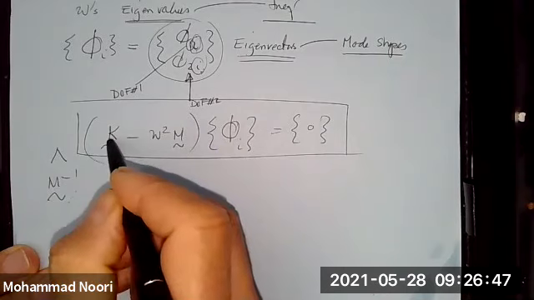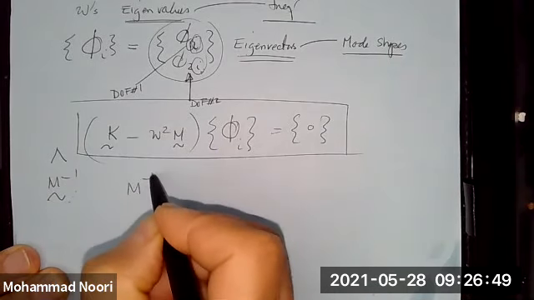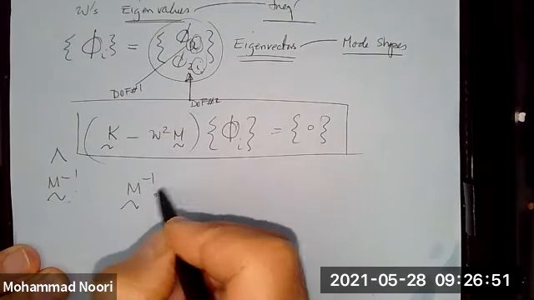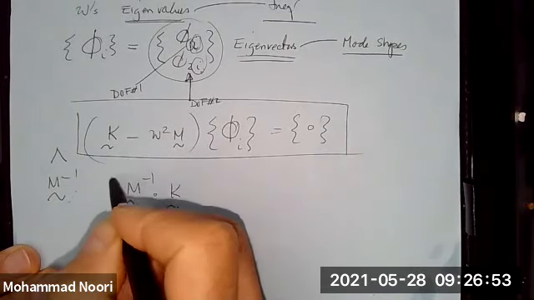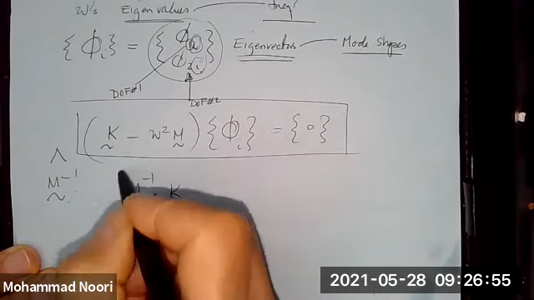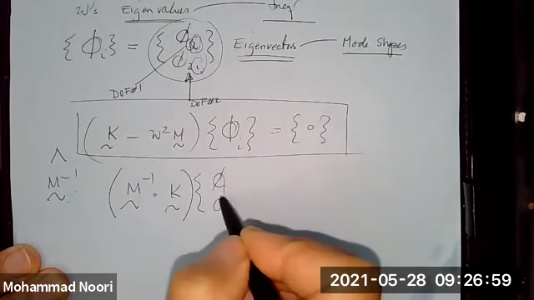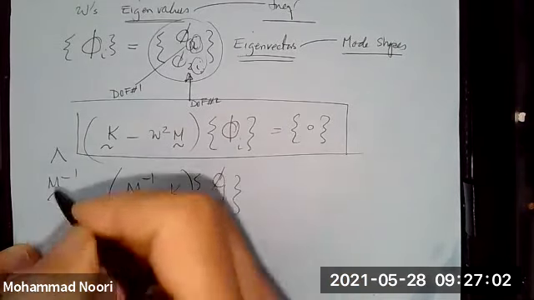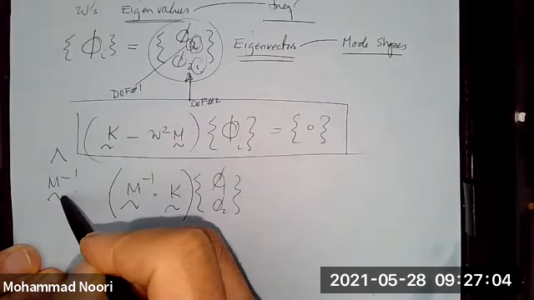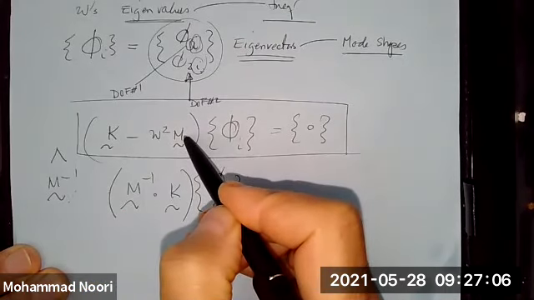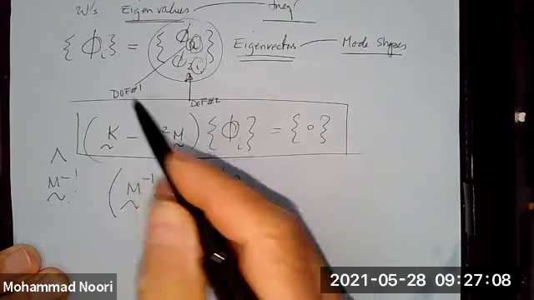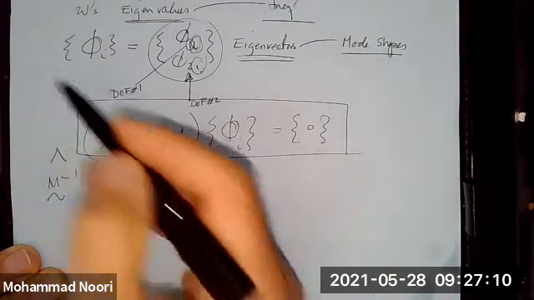You have this times that, so you have the mass matrix inverse times the stiffness matrix times this, okay, times phi1, phi2. Then the inverse of the mass matrix times the mass matrix is the identity matrix, a matrix that is diagonal and all the elements of the diagonal are all 1.